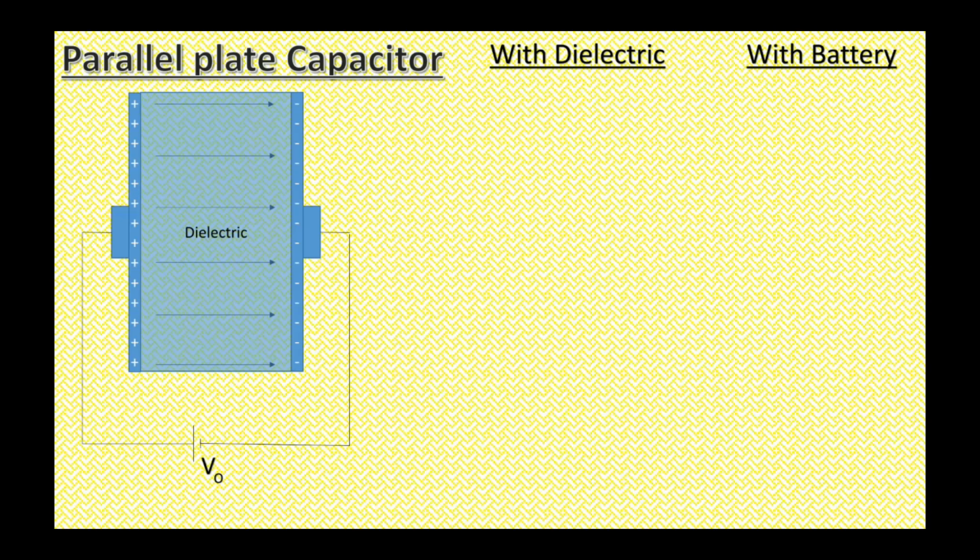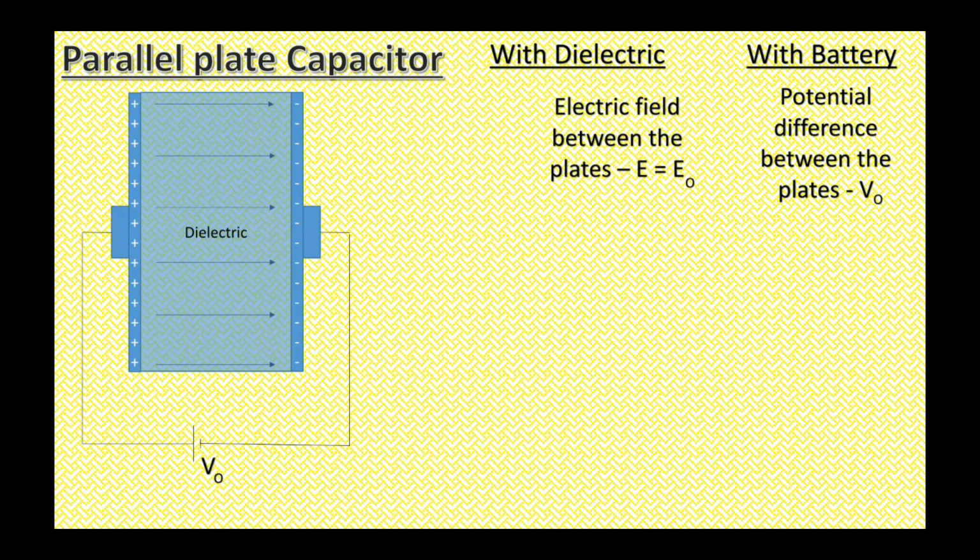Since we are providing an external potential difference, this potential difference is constant. So here the constant quantity is going to be the potential difference between the plates. It will stay V0. That is, whatever it was before inserting the dielectric will still remain after inserting the dielectric. So potential difference is not going to change.